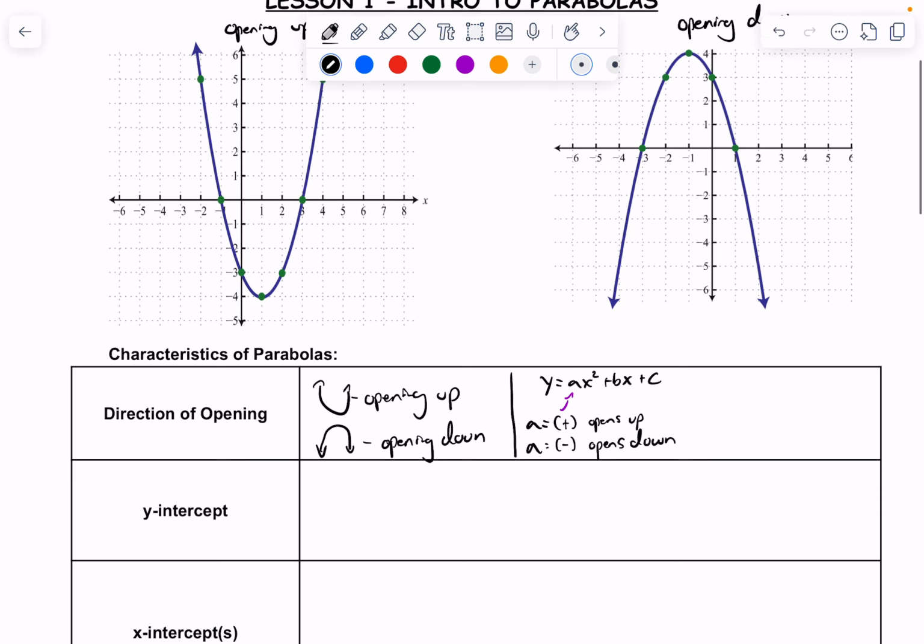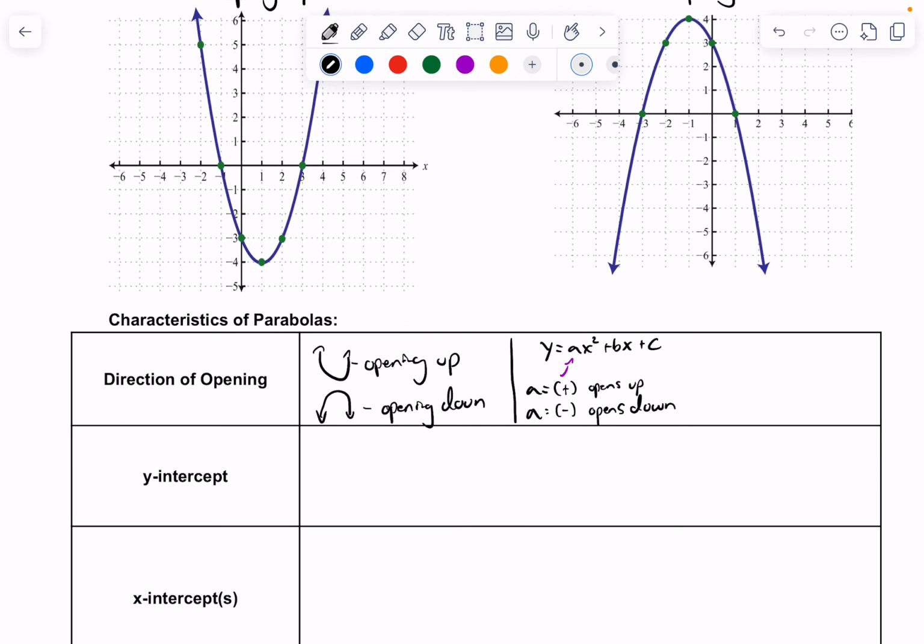All right, well, y-intercept. If you think about a graph, this is your y-axis, this vertical one right here. The intercept just means where does it cross this axis? Like where are these red points?